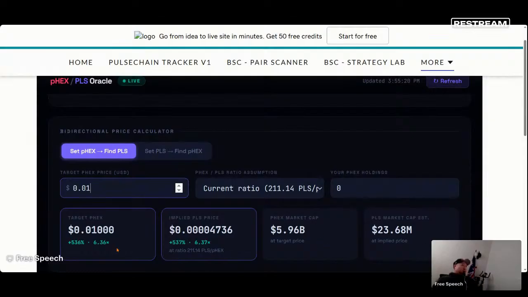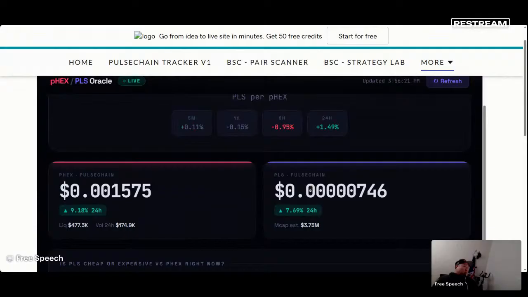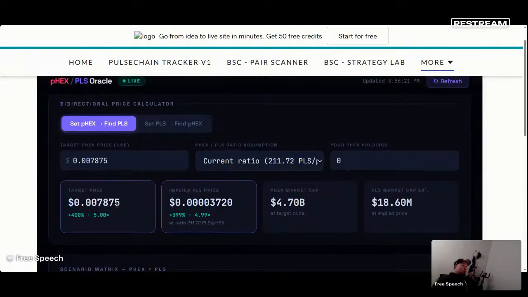Anyway, it would imply potentially a current ratio, as per this calculator, not including the LP pools and whatever's going on, that the price could hit 0.0004736. So then 7, so you lose a 0. Okay. So then we could go, why does it keep? That's weird. 7, 8. Okay, so it goes to a penny, right?